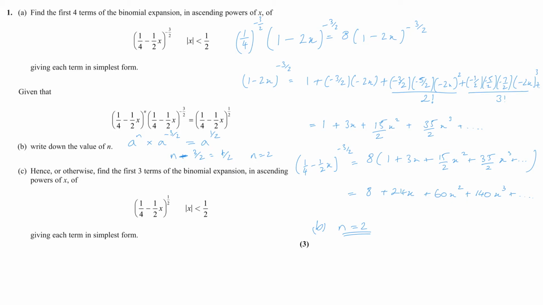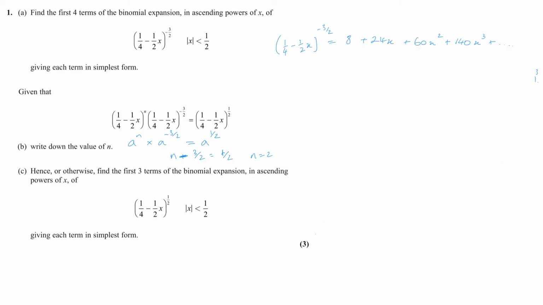Okay. Hence or otherwise, find the first 3 terms of the binomial expansion in ascending powers of x. So part C, we need to find what a quarter minus half x to the power of half is. So it's a quarter minus a half x squared times a quarter minus a half x to the minus 3 over 2.